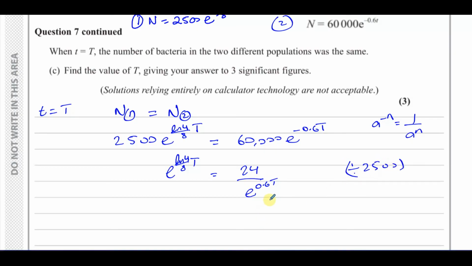Now, when we want to solve an equation like this, where a variable is here, T, we want to get rid of the denominator. So I'm going to multiply this side by e to the power of 0.6T, and also do the same thing on this side. These will cancel out, and you're left with e to the power of 0.6T times e to the power of (ln 4 over 8)T equals 24.